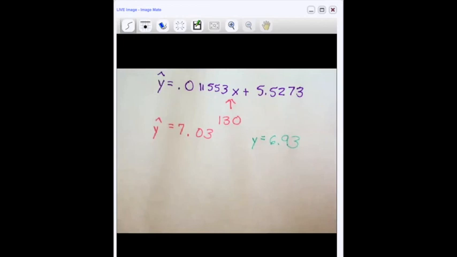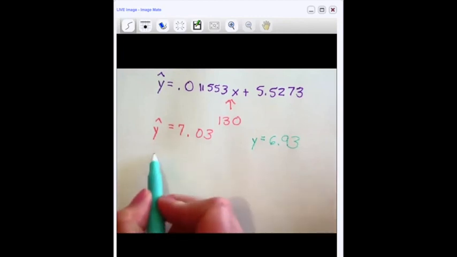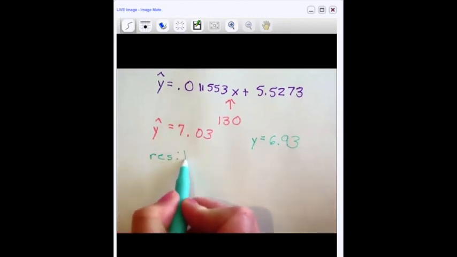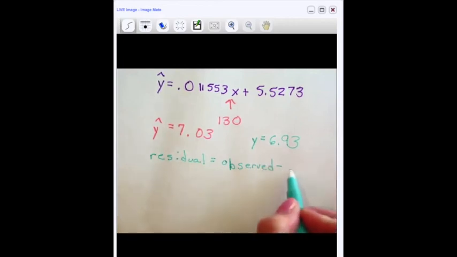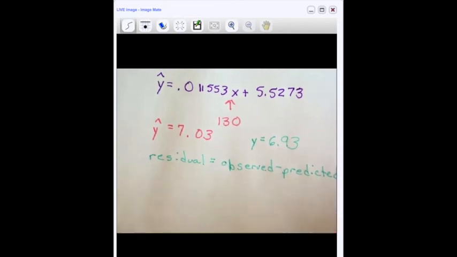Once we have an actual and a predicted, we can find the residual. Now remember, the residual is equal to the observed minus the predicted. So my predicted value was more than my actual value.